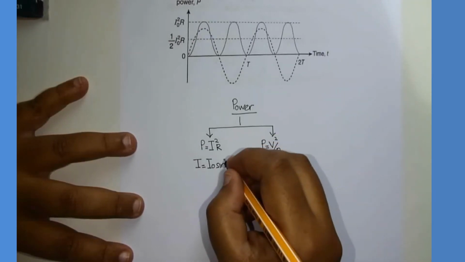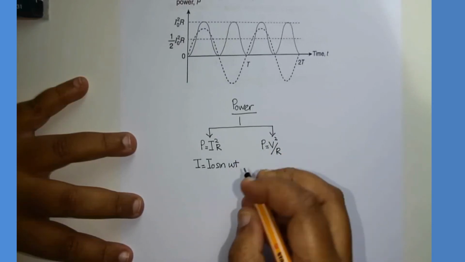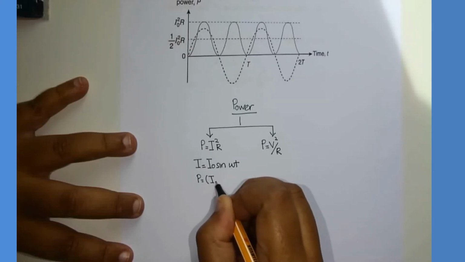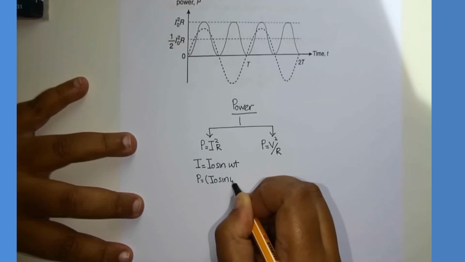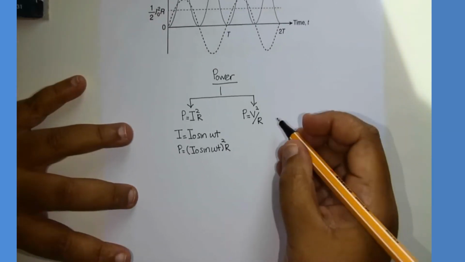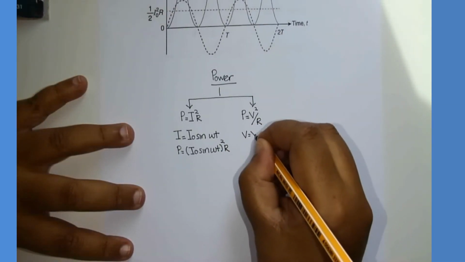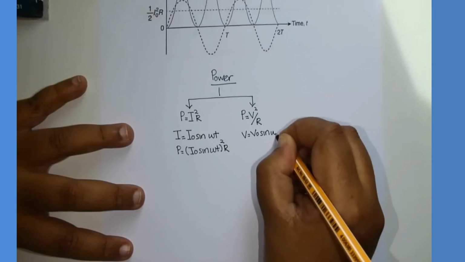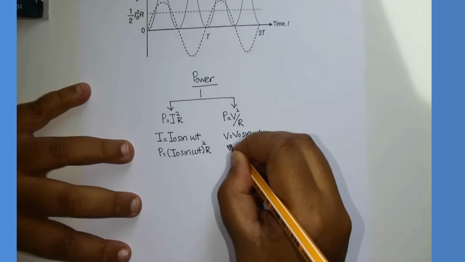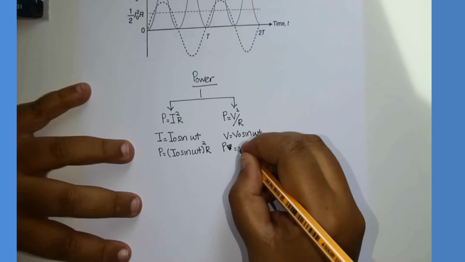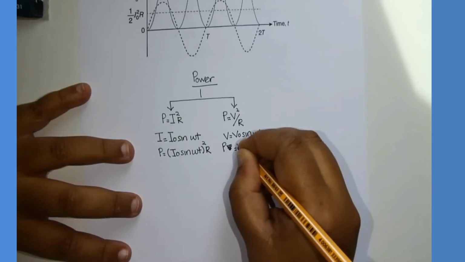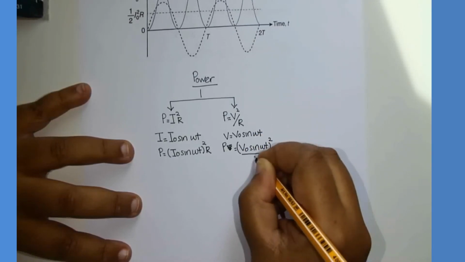So if I substitute inside here, I get P equals I naught sine omega t, all squared, times R. The same goes here. I know V equals V naught sine omega t, and power is equal to V naught sine omega t, all squared, over R.